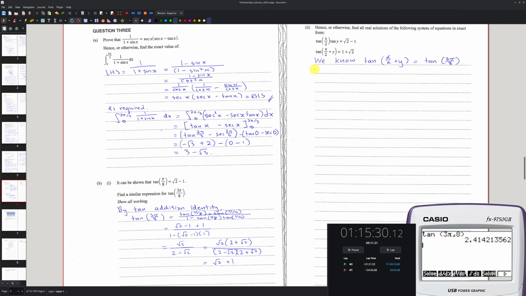So x on 2 plus y is 3 pi on 8 plus n pi for n in the integers, but also we know tan x on 2 tan y is equal to tan pi on 8 tan pi on 4. Now if x is 0.